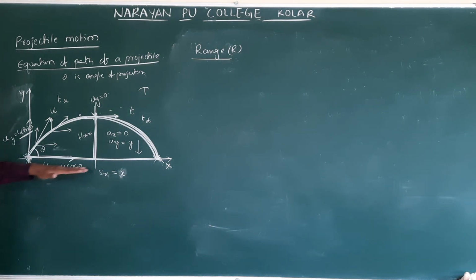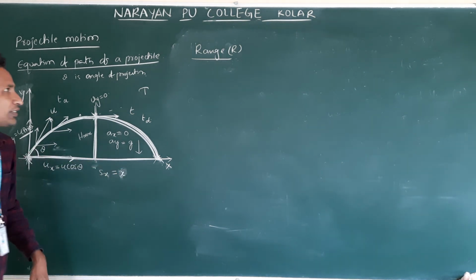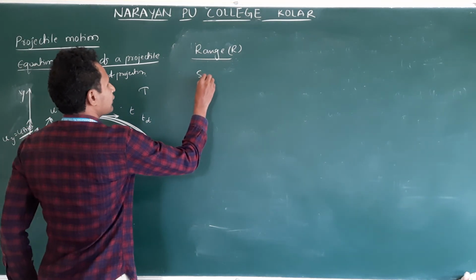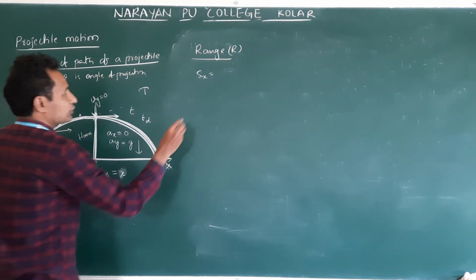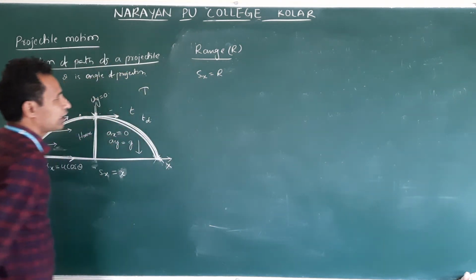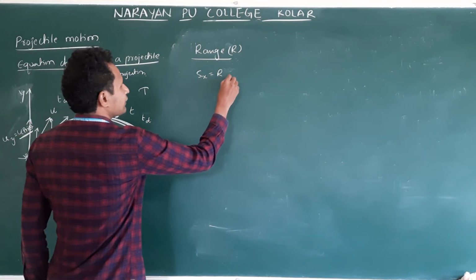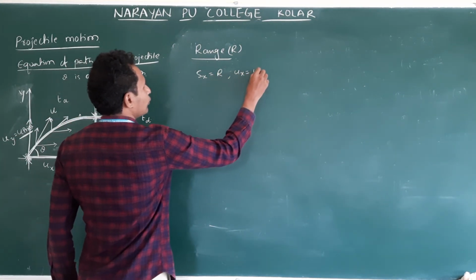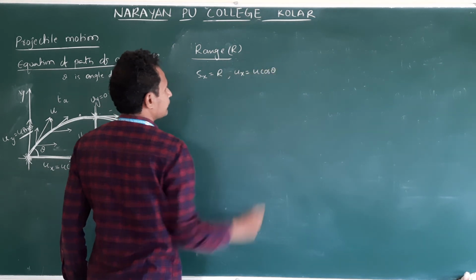So we are calculating a horizontal distance. Which physical quantities do we consider? Along x direction physical quantities. So Sx, it is horizontal. So this x we are considering as R. Initial velocity along x direction ux is equal to u cos theta.